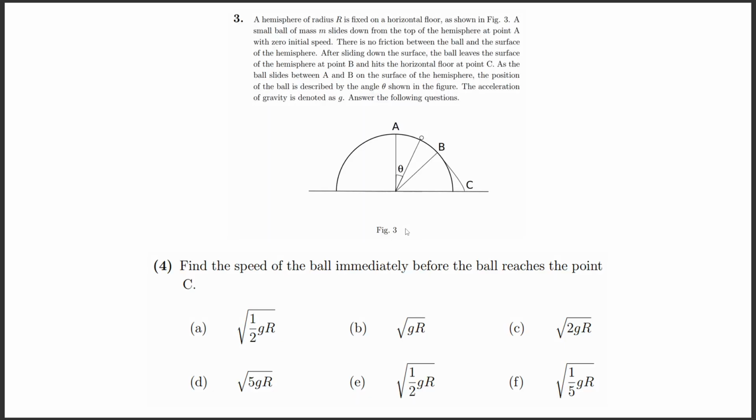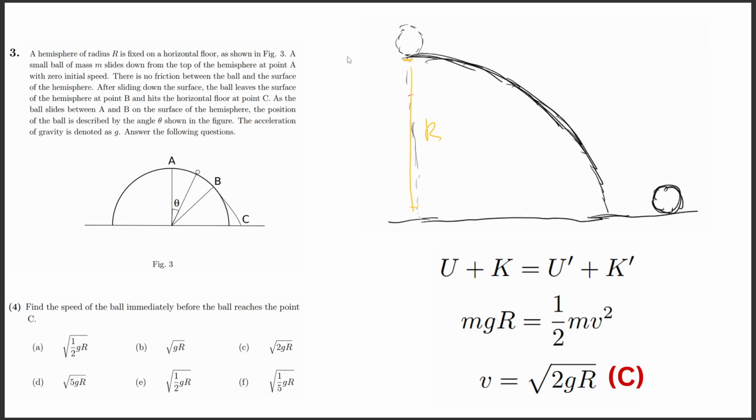So number 4, find the speed of the ball immediately before the ball reaches the point C. This is easy. We can use the conservation of mechanical energy. From here to here the ball has the same mechanical energy.